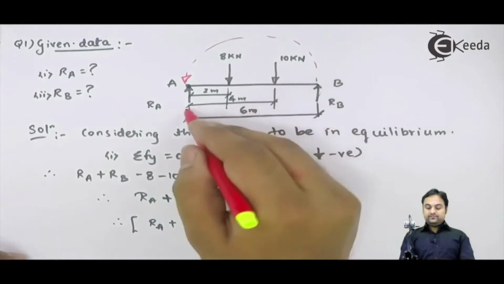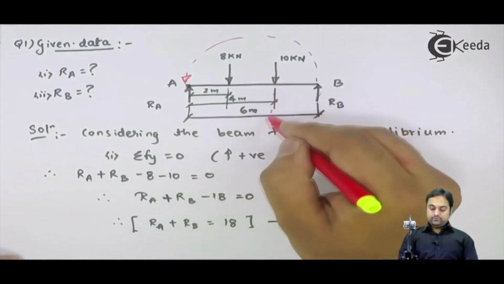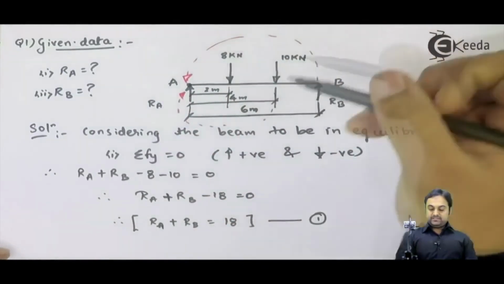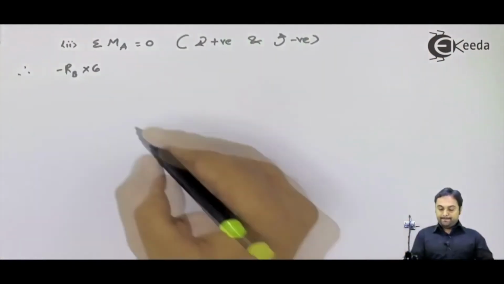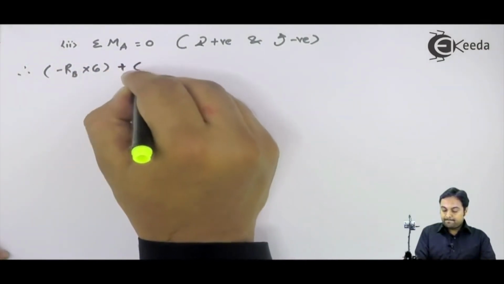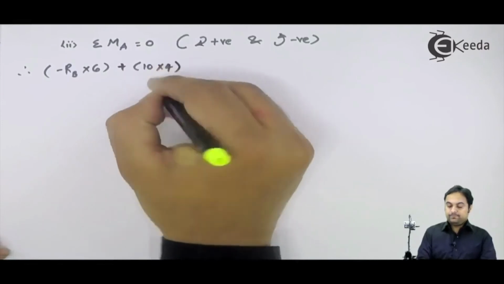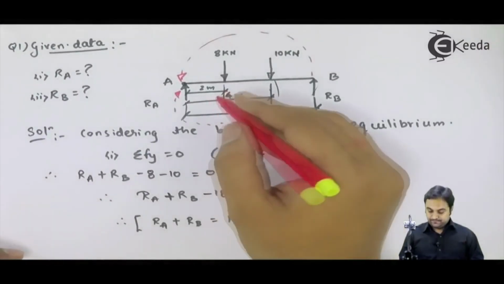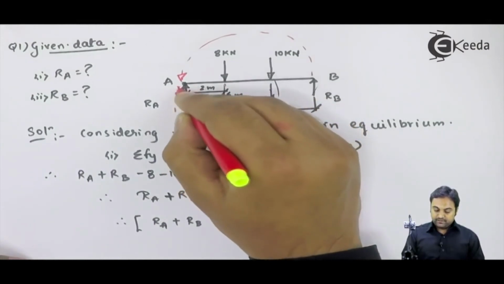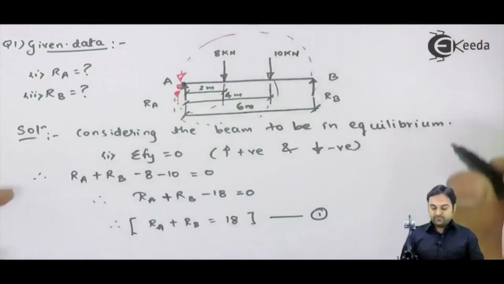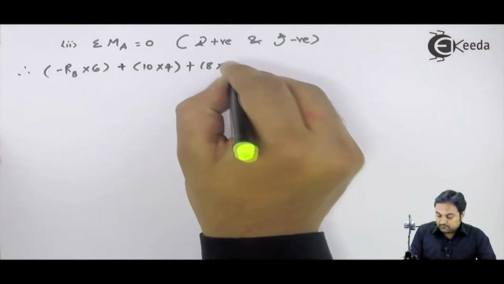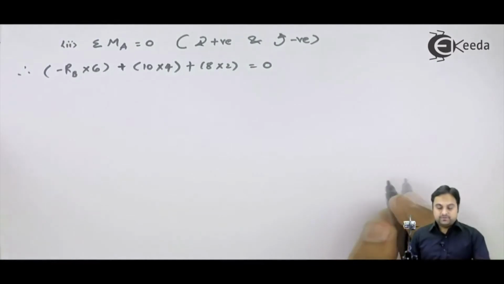Next, 10 kilonewton is at 4 meters from A. So it will be producing a clockwise moment. So plus 10 into 4. 8 kilonewton is acting at 2 meter from A. Again, this is producing a clockwise moment. So plus 8 into 2, that's equal to 0.